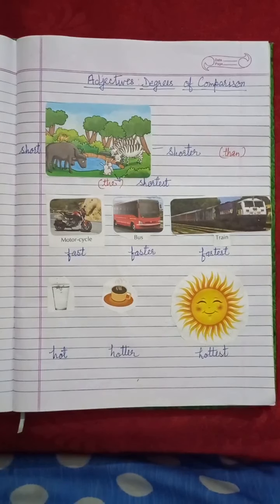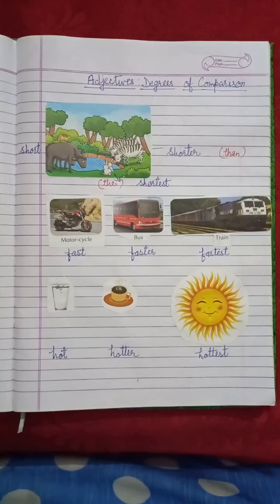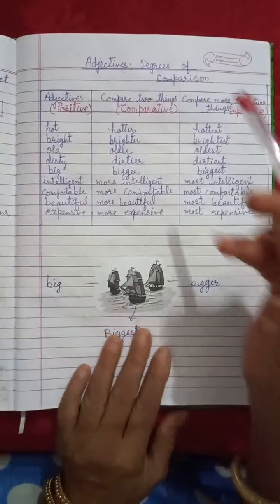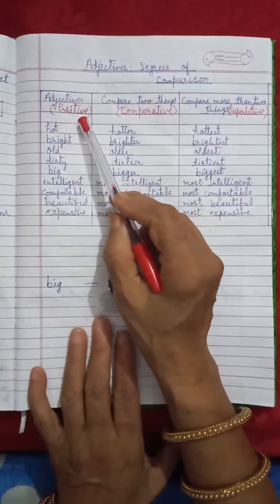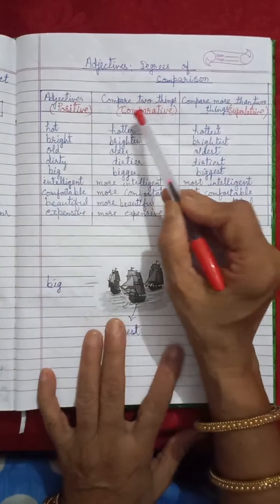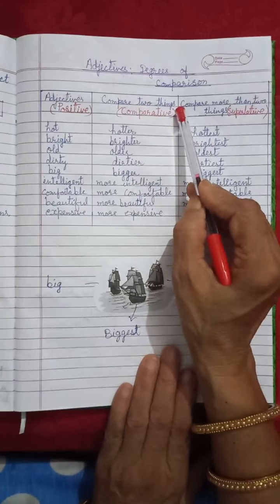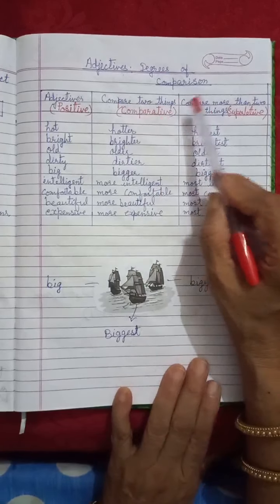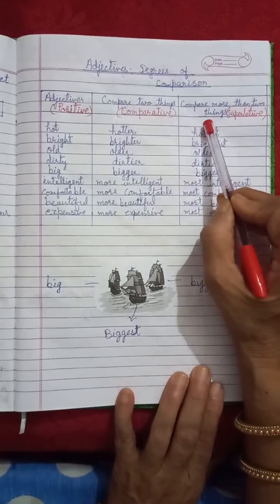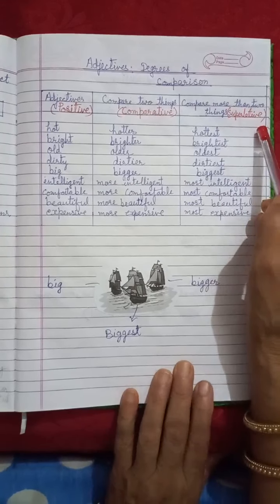So here students, I have listed some adjectives. You can read it properly. See, in the first column adjectives are, that is called the positive form of the adjective, and for comparing two things we use the comparative form, and for more than two things we use the superlative form.